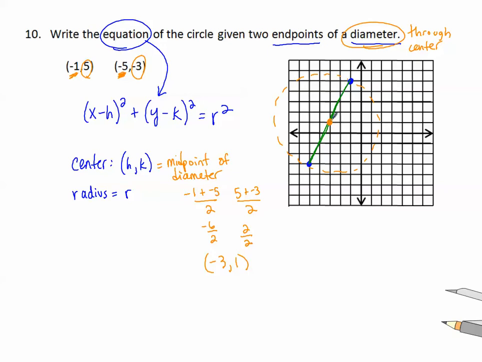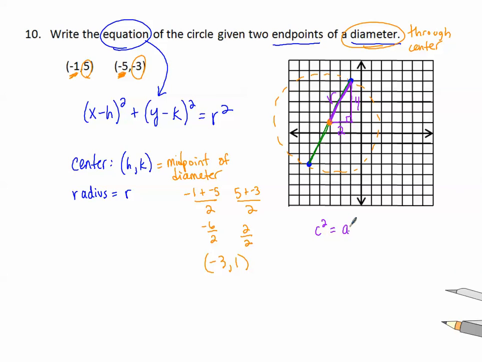Now the radius. So remember, the radius is the distance from the center to any point on the circle. There's the radius right there that we have to compute. Now we could do it with the equation like we did last time, or we can do it the triangle way. If I make this into a triangle, this side is 2 units, this side is 4 units, and then do it with the Pythagorean theorem.